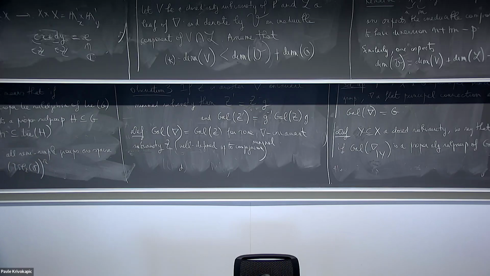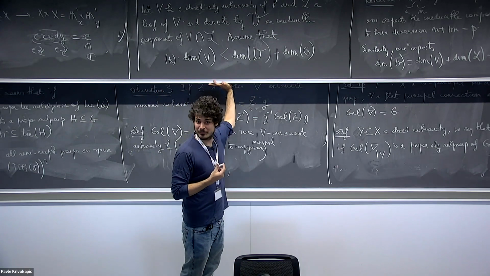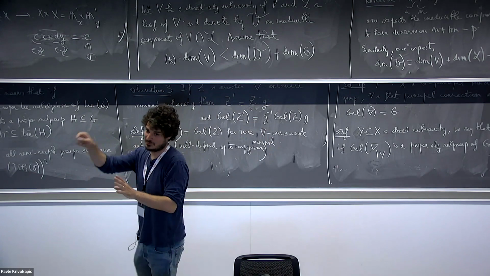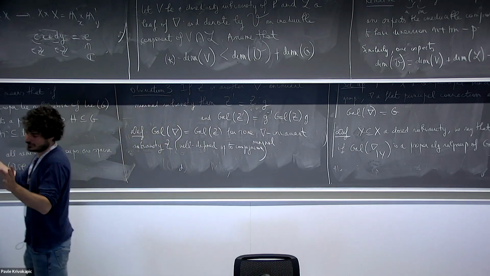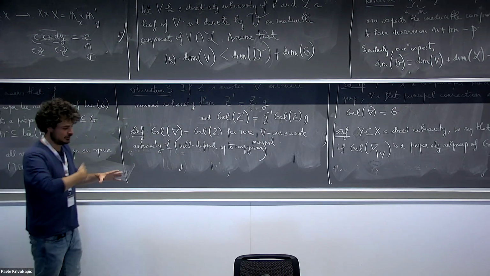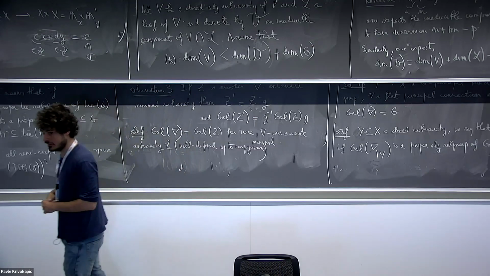A non-example is G_m to the power r. That's why we won't actually recover Ax-Schanuel for the exponential from this theorem. Yes, because you can just take a line with irrational coefficients in the Lie algebra, and the group that you get is Zariski dense.